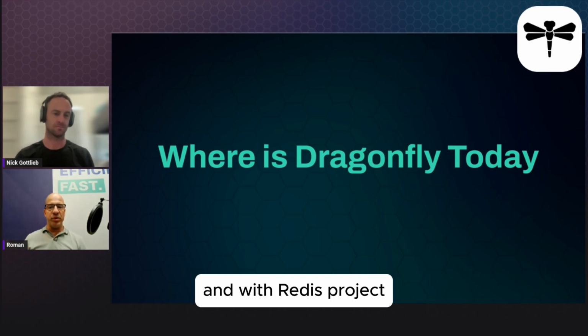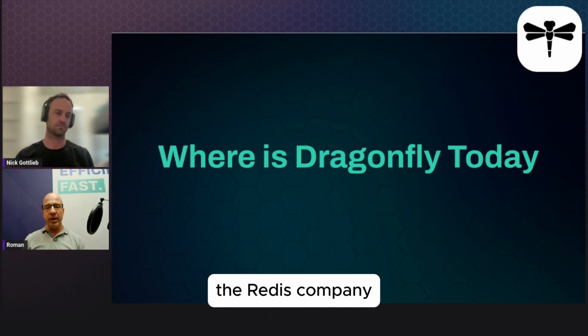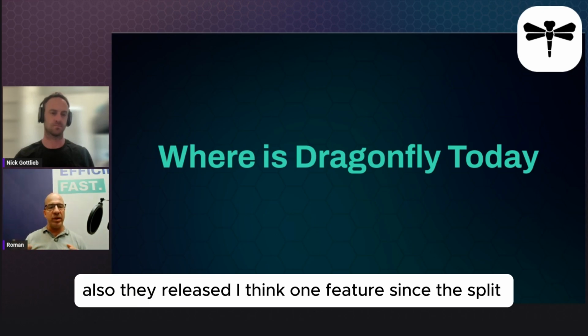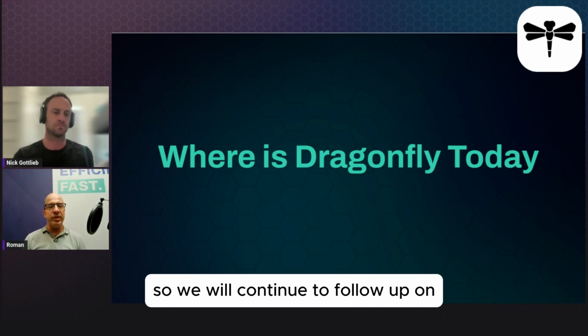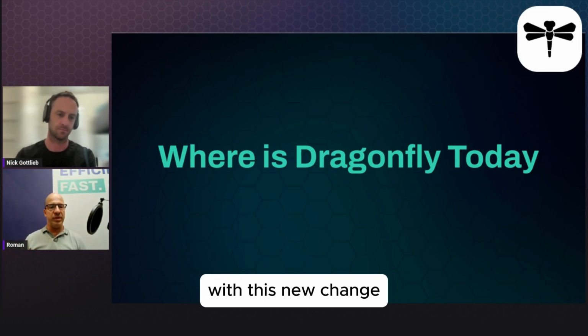And the Redis project is, of course, supported by the Redis company. At this point, there is not much. Also, I think they released one feature since the split. So we will continue to follow these developments and see how we adapt to this change.